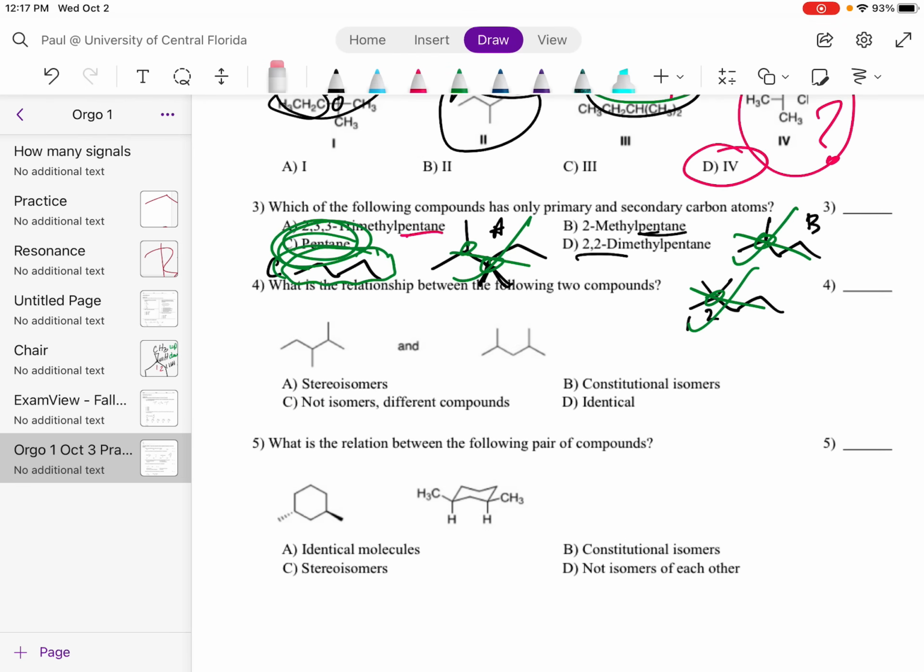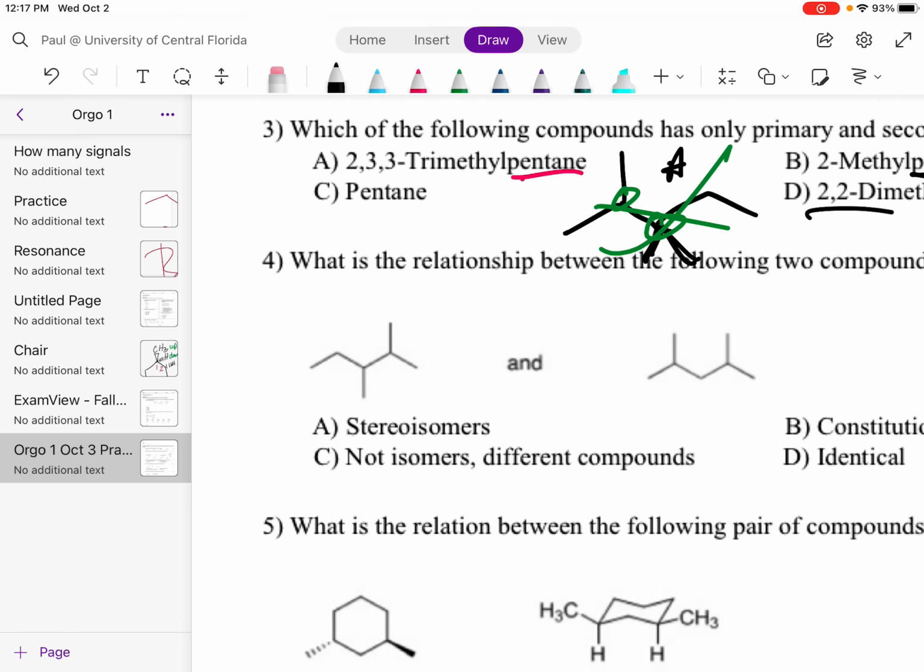What is the relationship between the following two compounds? Well, we need to first establish, hey, do they have the same molecular formula? If we look at that, there's 1, 2, 3, 4, 5, 6, 7 carbons. And how many hydrogens? And we'll count those with the red. So 1 through 16.